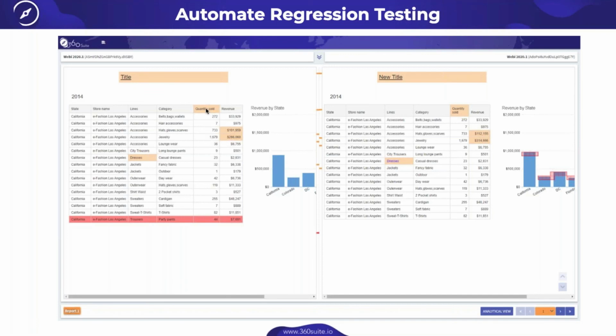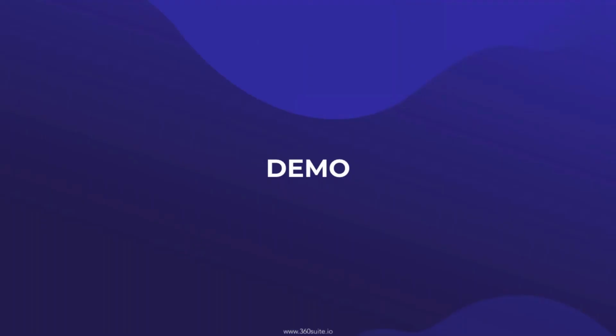You can see the quantity sold column looks like it's got wrapped text on the right, and then the data is different in the revenue column. You can also see on the right hand side, the images are highlighted with red squares, showing that there are differences in that graph. So we will jump in and take a look at what this looks like.